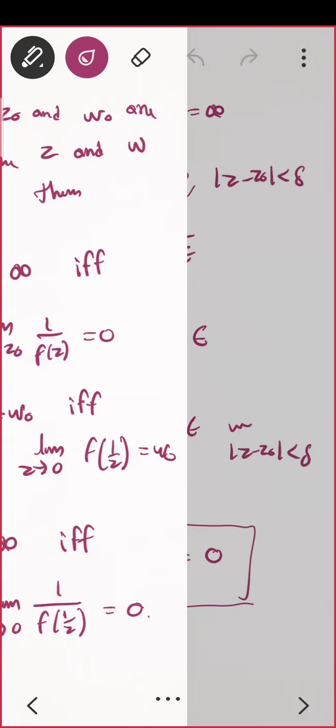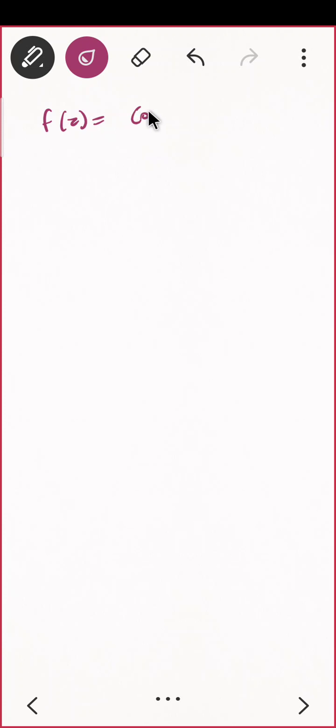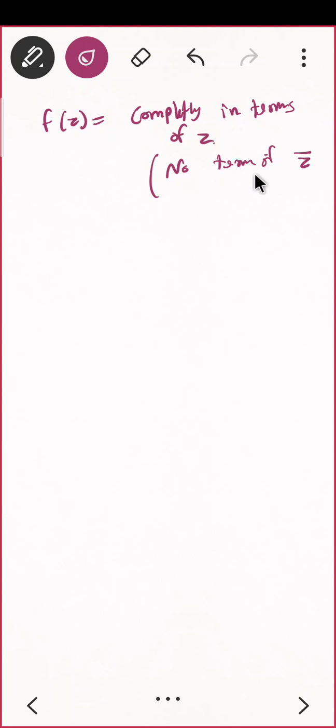Remember one thing. If your function is completely in terms of z, that means no term of z bar or z into z bar or mod z, anything.